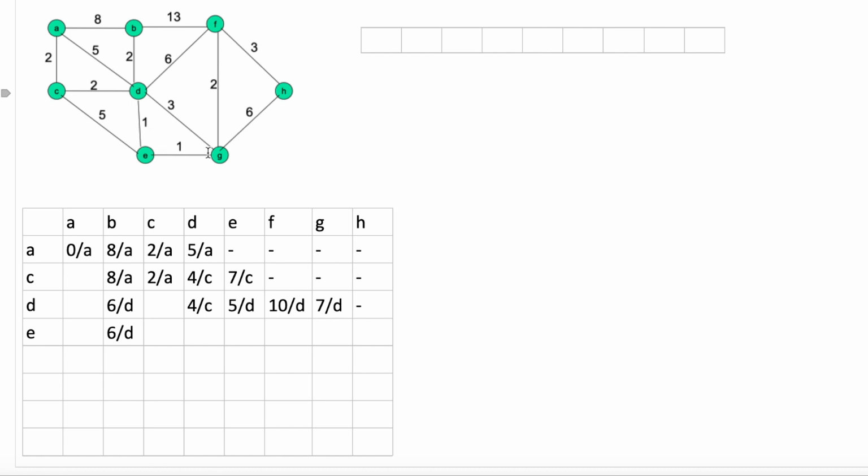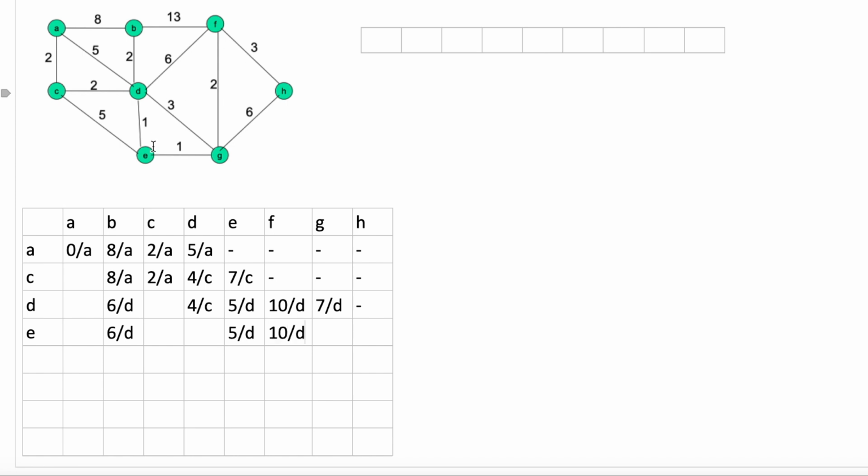And E has a link to G. E has a previous weight of 5, and 5 plus 1 is 6, so going to G costs 6 via E, but previous was 5, so we continue having 5 here, we don't relax it. So E to F, it doesn't have any direct link, so we can't relax it, so we write the previous value.